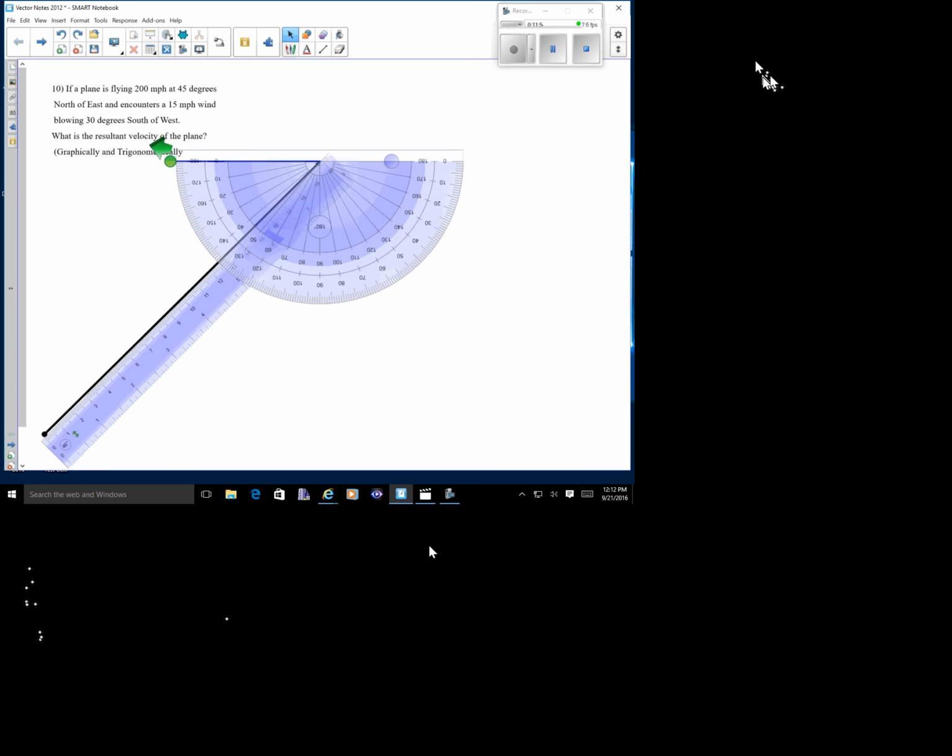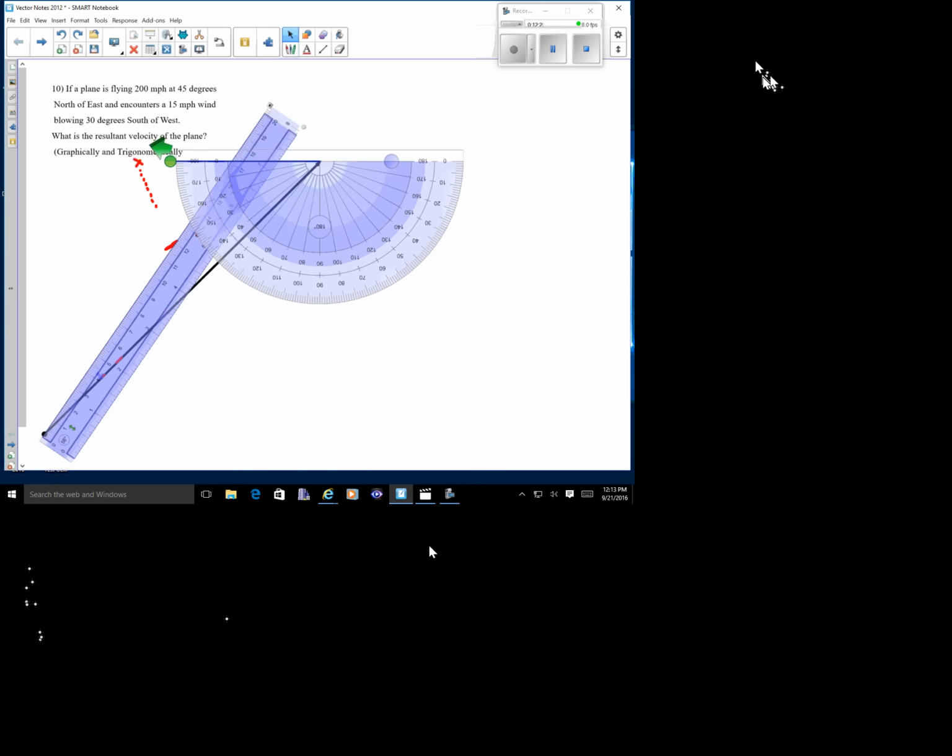And then I'm going to take my ruler. This is going to get really tricky here. I'm going to stay right there and get my ruler to move here. Whoops, wrong way. Okay, so I'm turning my ruler over. I've got the 0 mark on the end of the arrow, and I'm going to bring the ruler down so it goes right over that little tick mark at 30 degrees.